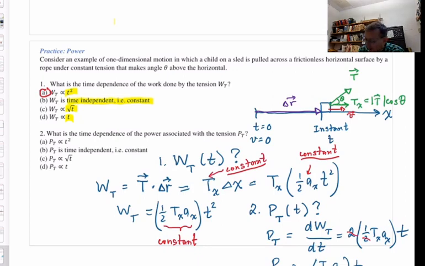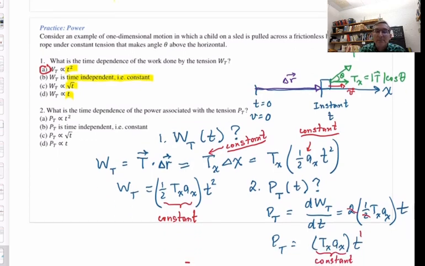And so I see that the power associated with the tension grows linearly with the time, like t to the 1. So the correct answer for question 2 is D. The power associated with the tension force grows linearly with time.